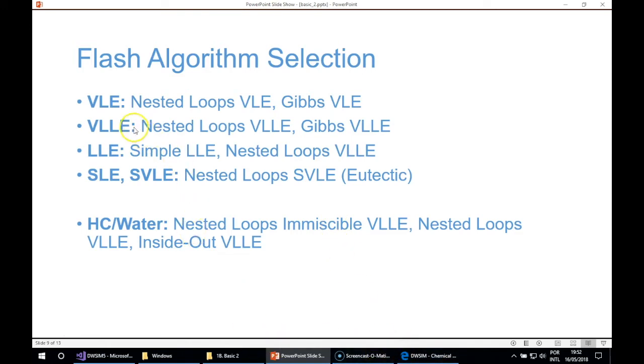Okay, so the flash algorithm selection in the DWSIM, this is my recommendation. If you expect only to have one vapor and one liquid phase, you should stick with the nested loops VLE flash algorithm, and if it doesn't work, you should switch to the Gibbs VLE.